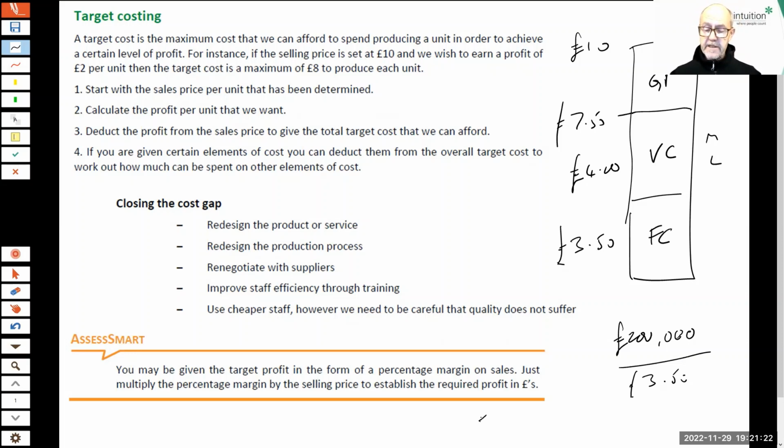We've actually got to be able to sell 57,143 of them. If we can sell more than that, so we know that if we can sell 60,000 units, the product is worth doing.